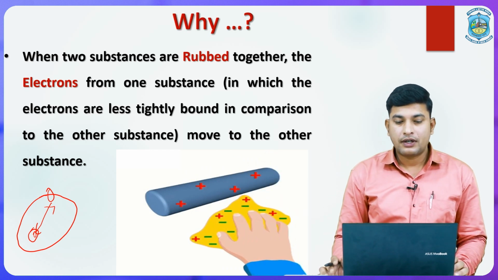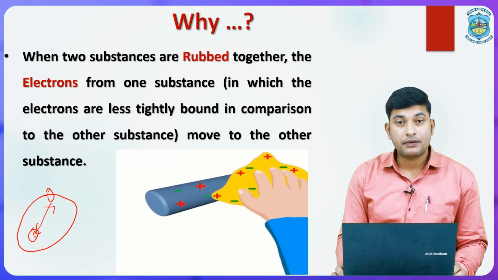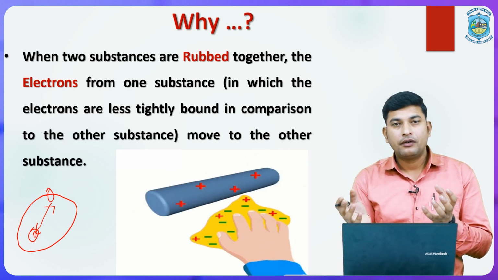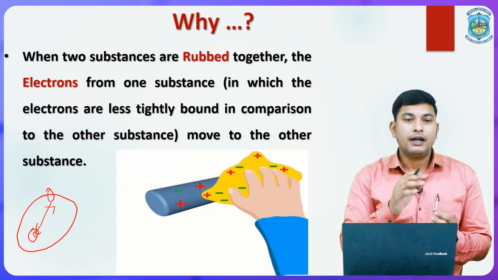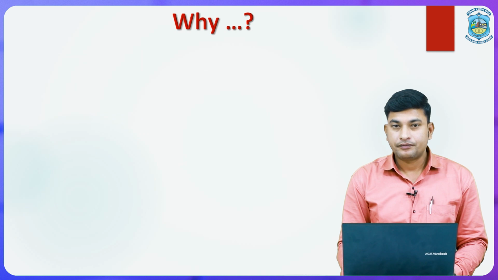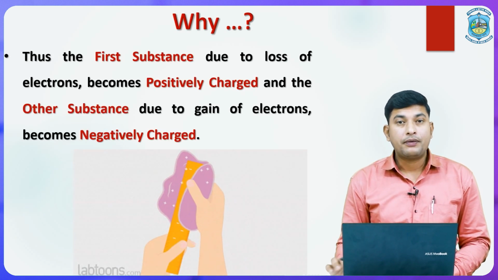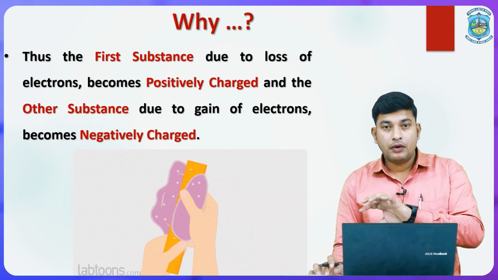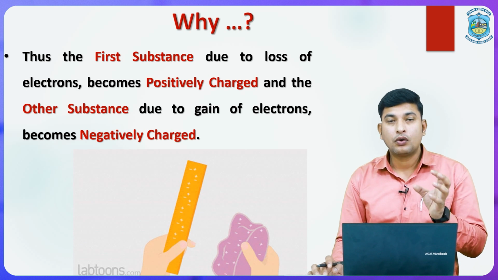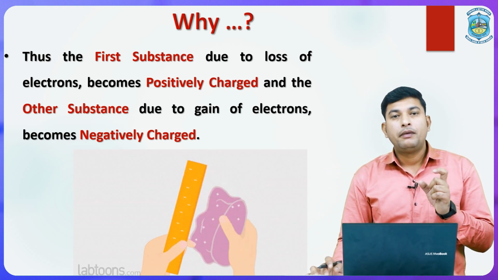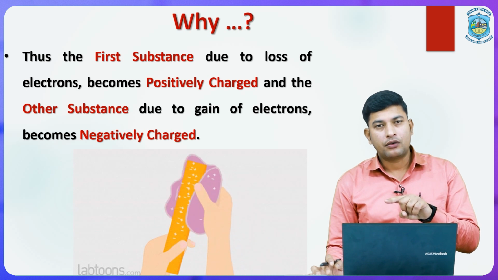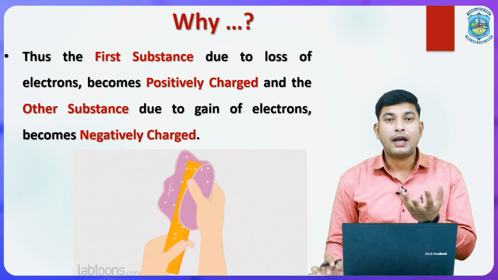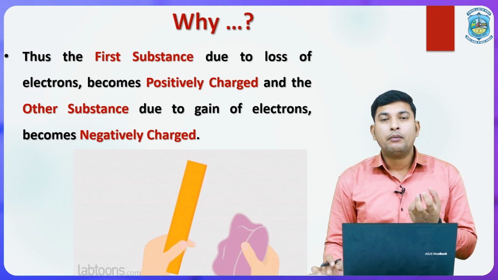So, when two substances are rubbed together, the material having loosely bound electrons will transfer electrons to the other. Because of the loss of electrons, the first object will become positively charged, and the other object, which absorbs these electrons, will have a negative charge.